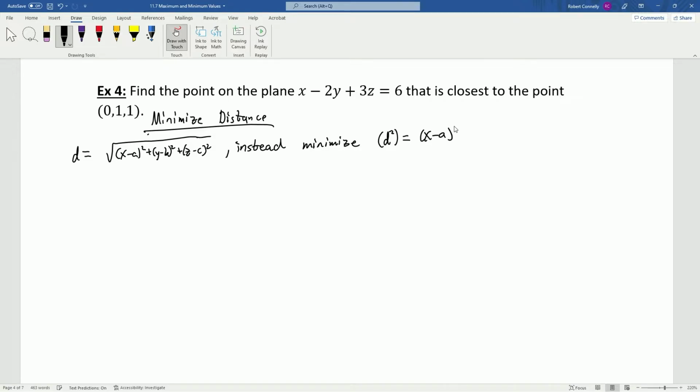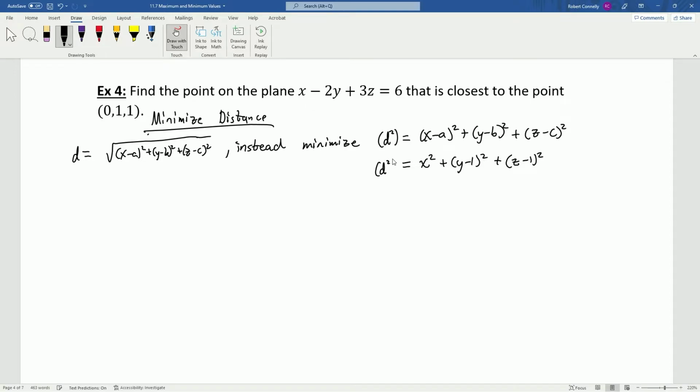So that doesn't make a difference here. Okay, so we'll use d squared as our function, and we've got our point. Our point is 0, 1, 1, so this is x squared plus y minus 1 squared plus z minus 1 squared.